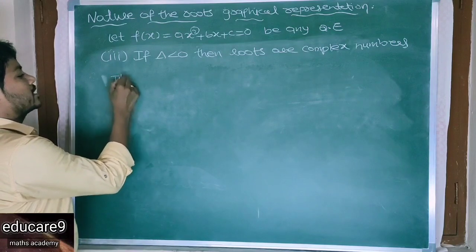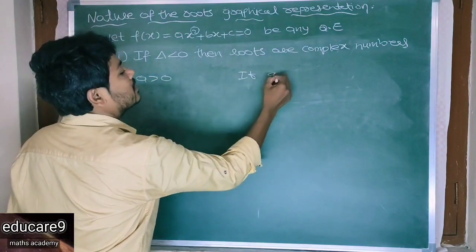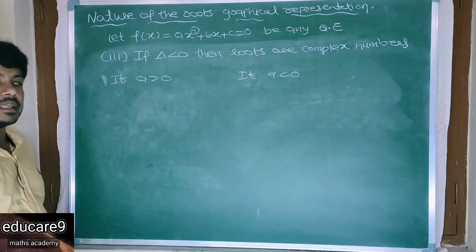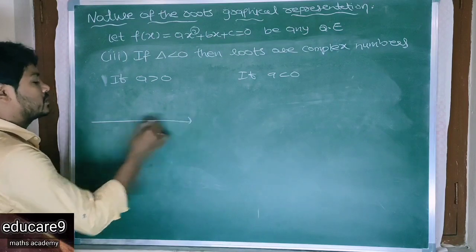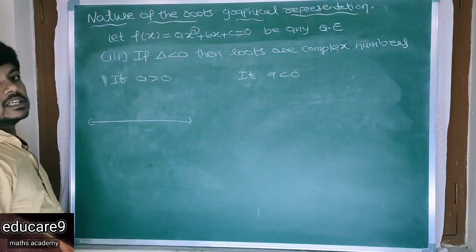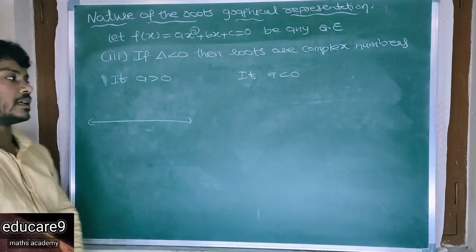So here also two cases, if a is greater than 0, if a is less than 0. If a is greater than 0, then the given graph represents an upward parabola, and delta less than 0 means that parabola does not touch the x-axis.